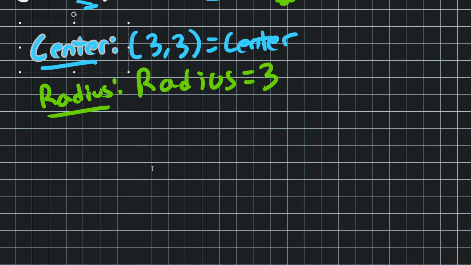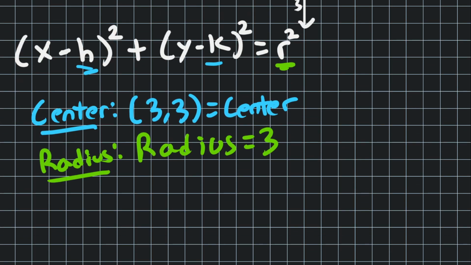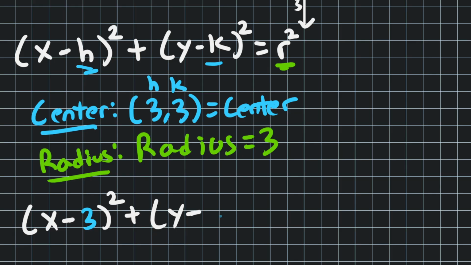Okay, and then just going ahead and plugging these into our circle equation, we have x minus h, so x minus, and h and k are both 3. Those are the coordinates to our center point. So we have x minus 3 squared plus y minus 3 squared equals, our r is 3, so 3 squared.